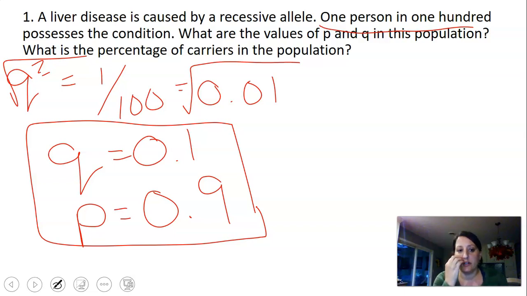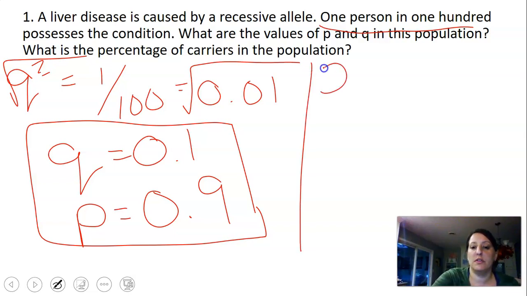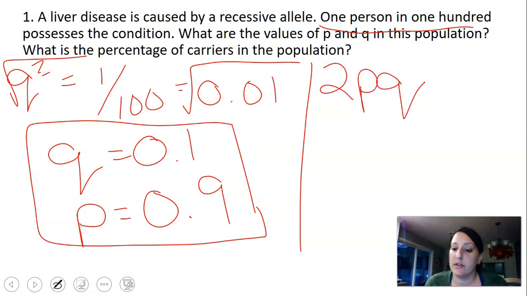The second question says, what is the percentage of carriers in the population? As soon as you hear carriers, you should think 2PQ. Carriers are those heterozygotes. They don't have liver disease, however, they carry that recessive deleterious allele that codes for liver disease. So they are carriers of that nasty allele.